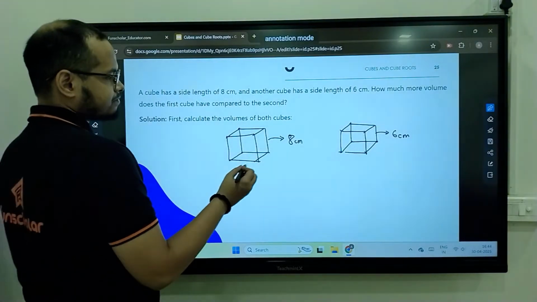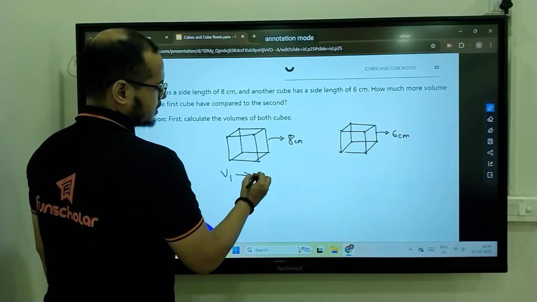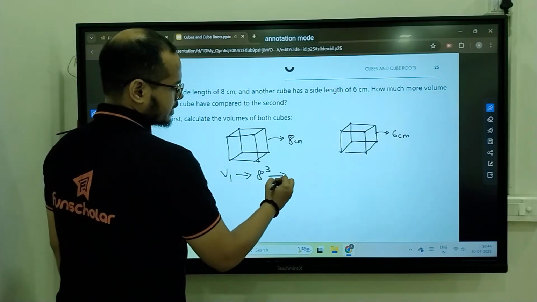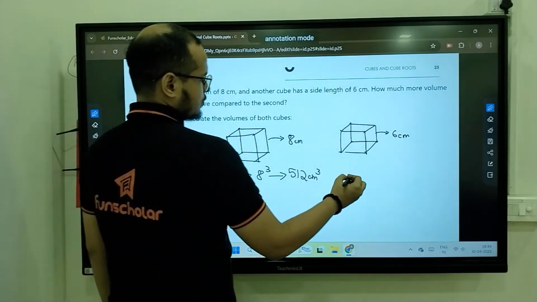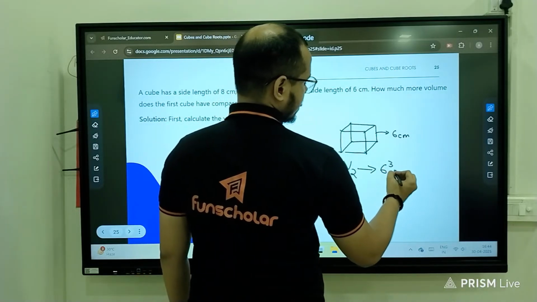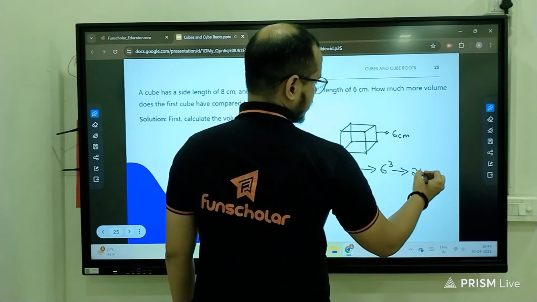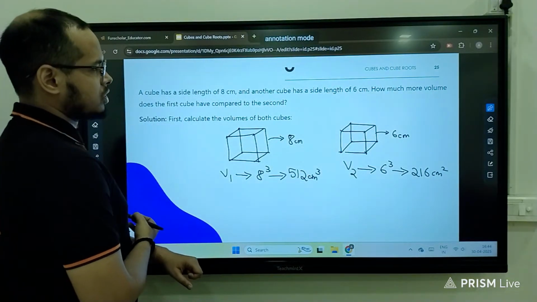Okay. Let's calculate the volume of the first cube. Volume of first cube will be 8 cube, that is 512 centimeter cube. Now volume of the second cube will be 6 cube, that is 216 centimeter cube. Now how much more volume?